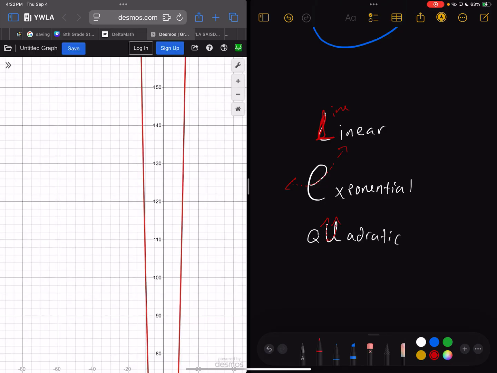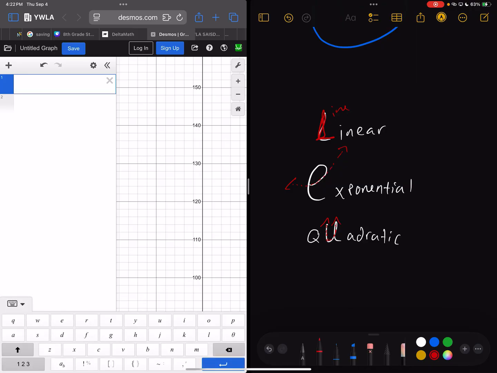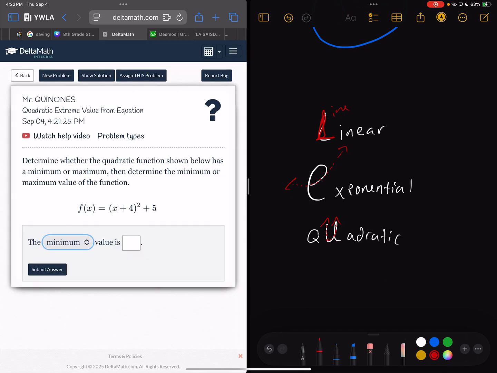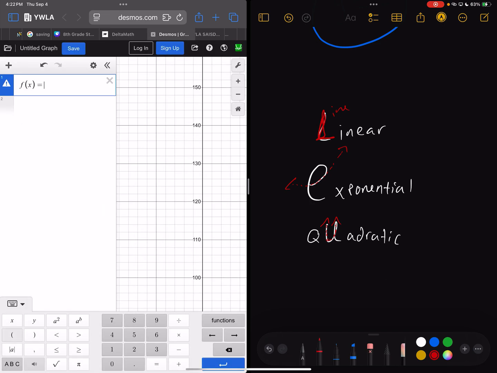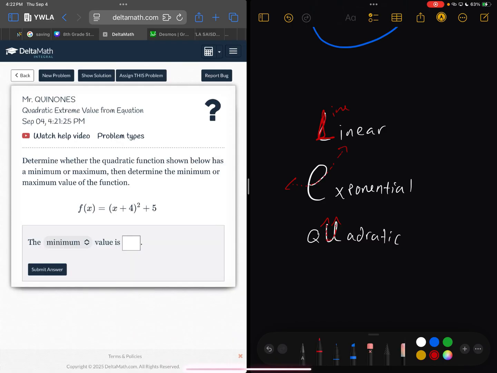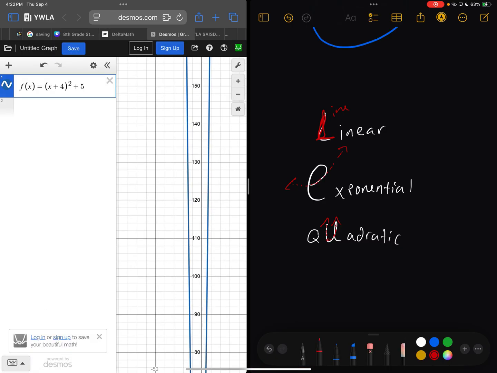let's just graph it. f of x is equal to (x plus 4) quantity squared plus 5. Cool.